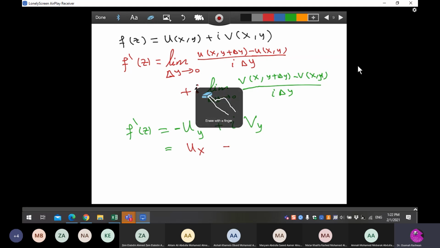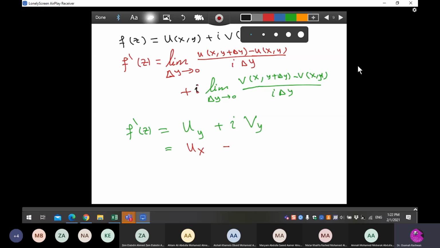Sorry, I missed this one. This is positive. The negative is here. So we have to change this. This is the minus. So I have ux plus i vx. So you have the choice of having the first derivative using differentiation with respect to x for u and v, or differentiation with respect to y for u and v.